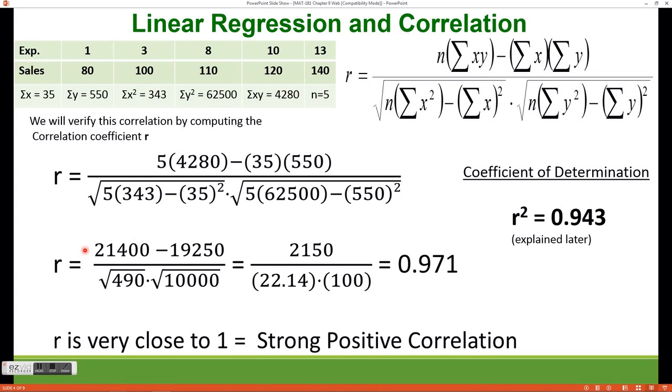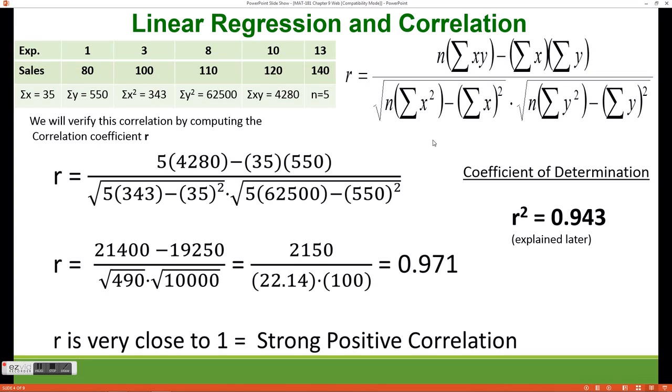That gives us 21,400. The second part of the calculation should be the sum of x times the sum of y, which from our table would be 35 times 550. That would give us 19,250. I can then subtract those 2 values in the numerator to give me a numerator of 2,150.